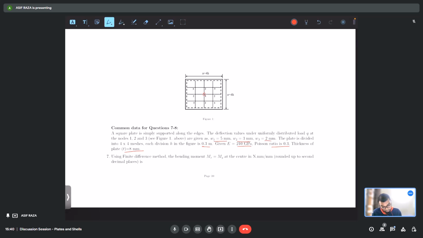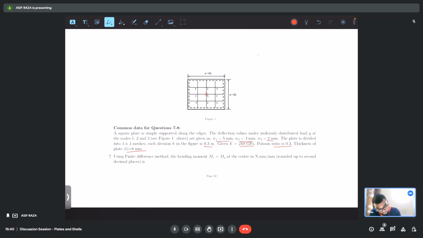First let's find the value of D. We are given the thickness as 8 mm, E as 210 GPa, that means 2.1 into 10 to the power 5 Newton per mm square, Poisson's ratio is 0.3.